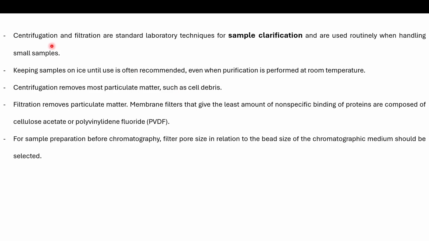Okay. Now, centrifugation and filtration are standard laboratory techniques for sample clarification and are used routinely when handling small samples. Keeping the samples on ice is always recommended, even when purification is performed at room temperature.